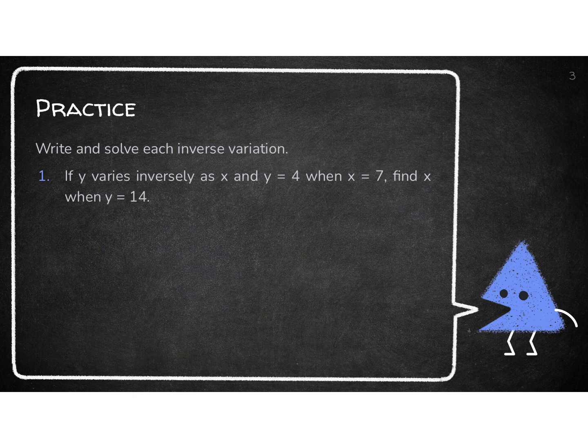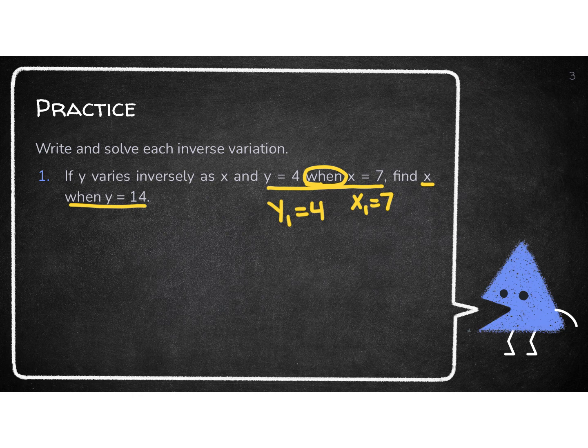So if number 1 tells us that y varies inversely as x, and y equals 4 when x equals 7, that when is telling us that those are a pair. We want to find x when y equals 14. So we know that our first x, we're going to say is x1, is 7, and our first y is 4.